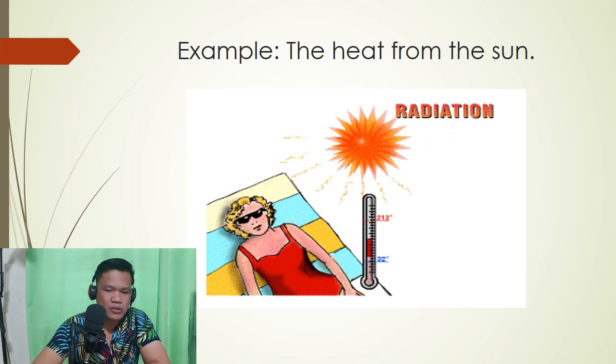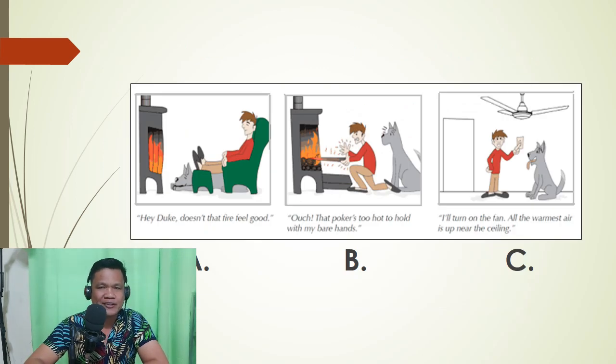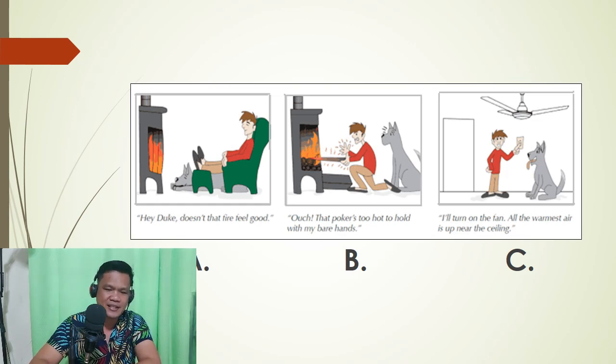Okay? So let us try to check whether we learned these three modes of heat transfer. I have here three pictures. Now, answer which of these pictures shows conduction, convection, and radiation. So, which of these pictures shows conduction?